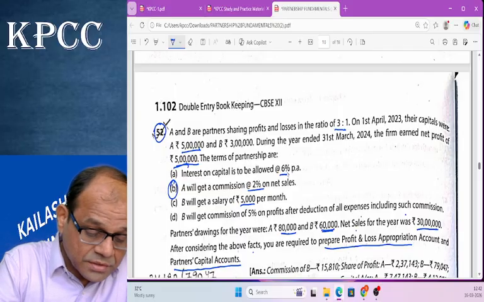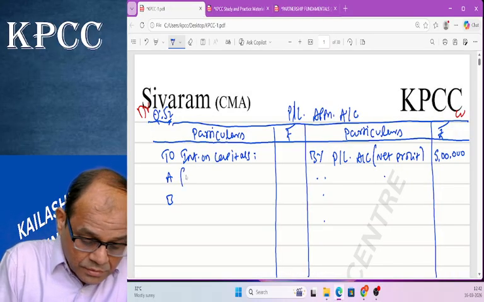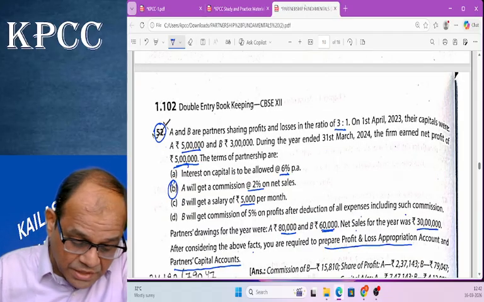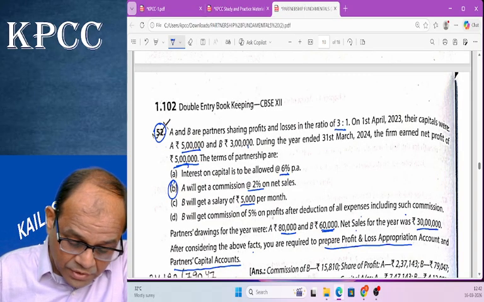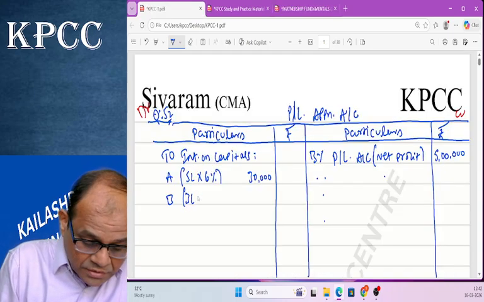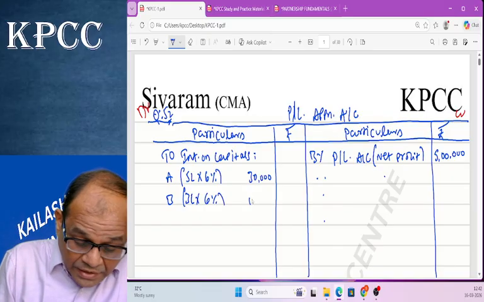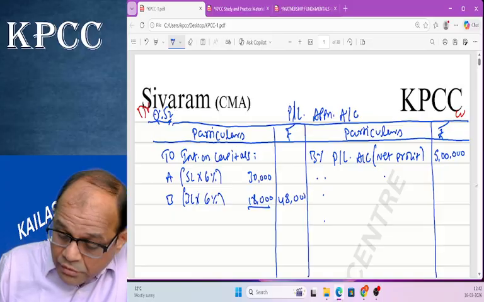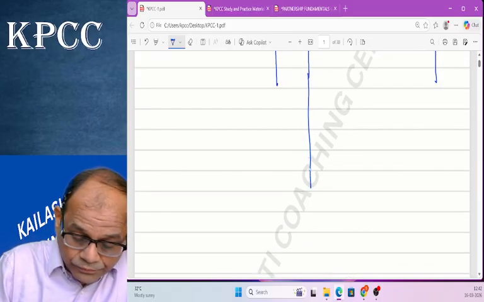So 5 lakhs into 6% is 30,000. And B's capital amount is 3 lakhs, and the rate of interest on capital is 6%. So 3 lakhs into 6% is 18,000. In the outer column, 48,000.